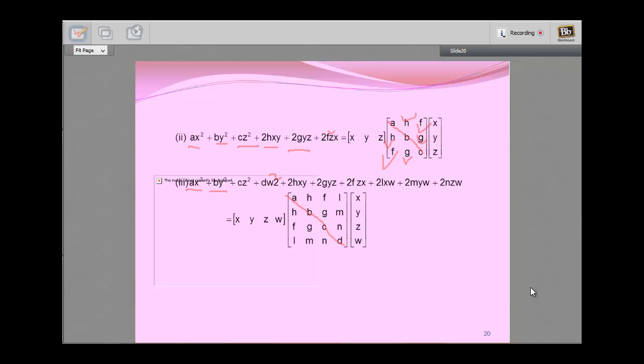So the coefficient of x square, the coefficient of y square, the coefficient of z square, and the coefficient of w square. And after that I will write h here, and after that I will write f here, and here L, M and N. In this way we will write the matrix.